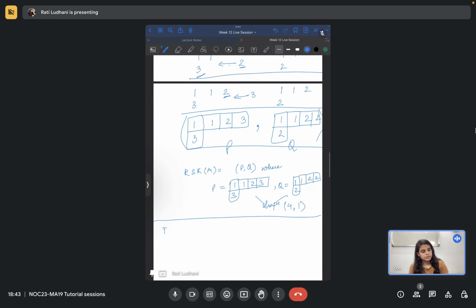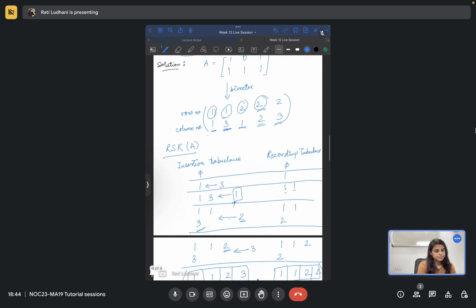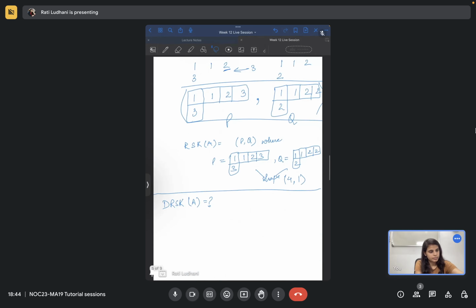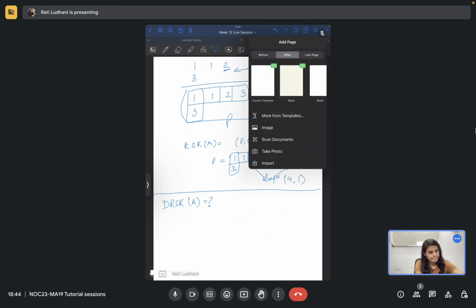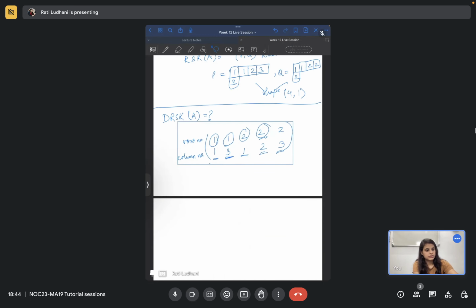Now let's see what happens with the dual of RSK. A is this, so I'll just copy this part and paste it. Now remove these, as we have not considered them yet for the dual.